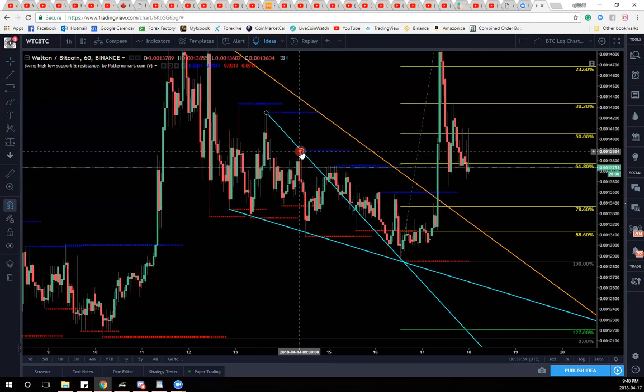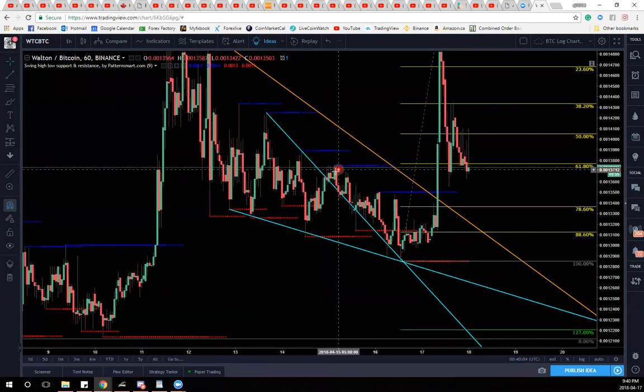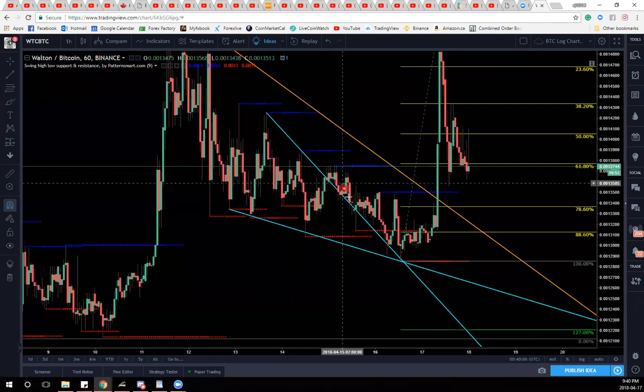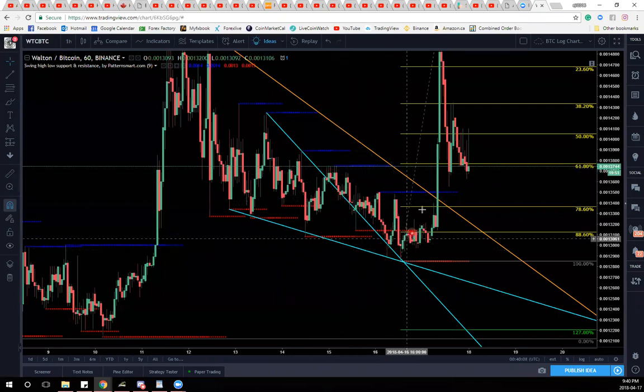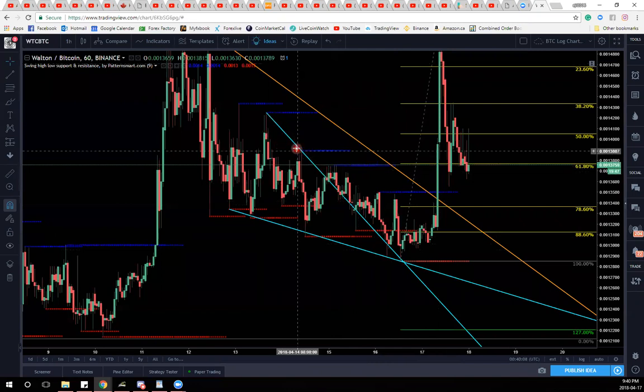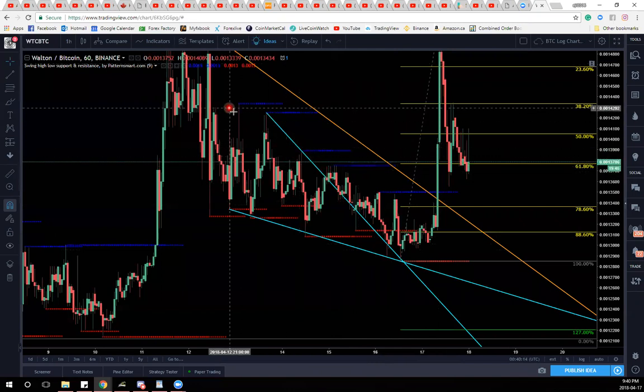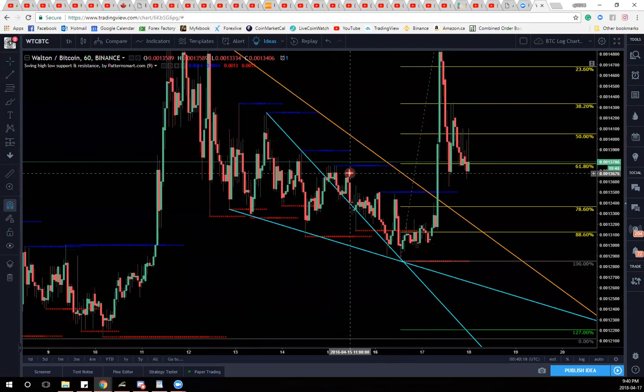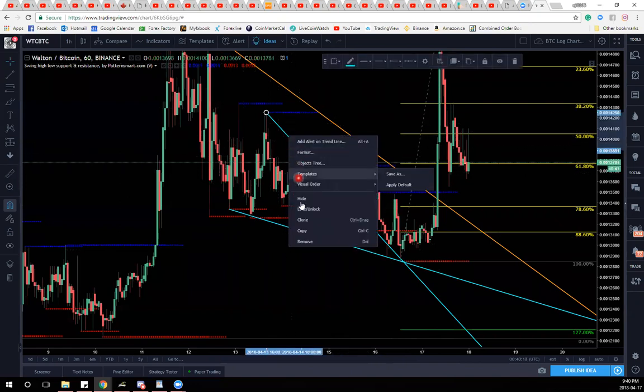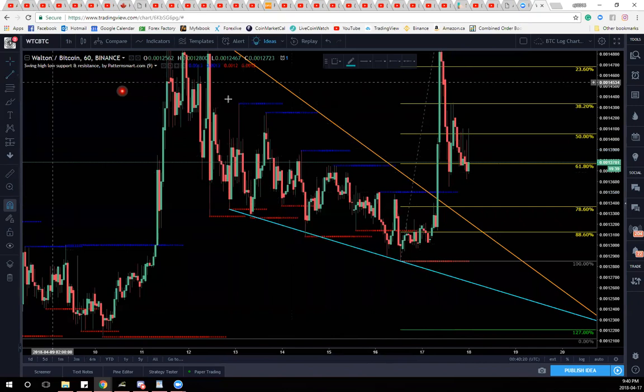So you're more likely to have a false breakout and then have to bring the price lower to find more buyers before they can move up on a line like this that only has 2 touches, than if you had something that they hit and resisted on like 5, 6 times. So I don't know if that helps where you draw it.